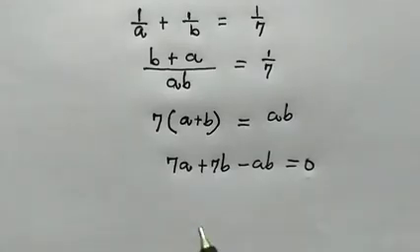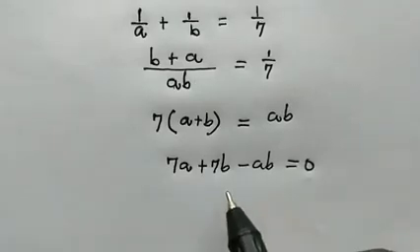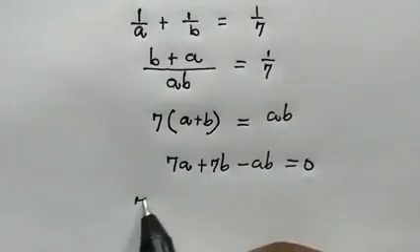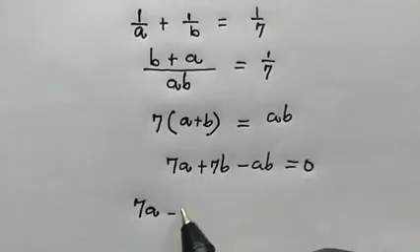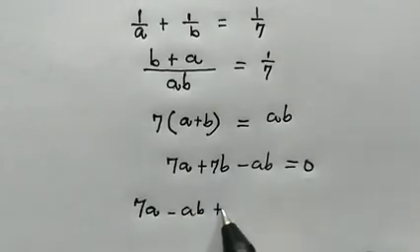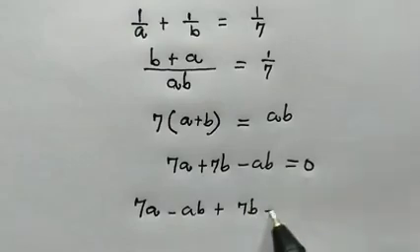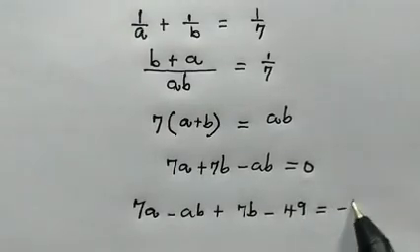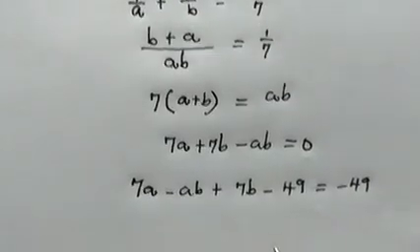I have a reason for that. But before we do that, we group as follows: 7a minus ab, then plus 7b, then subtract 49 from both sides. So 0 minus 49 is negative 49, right?